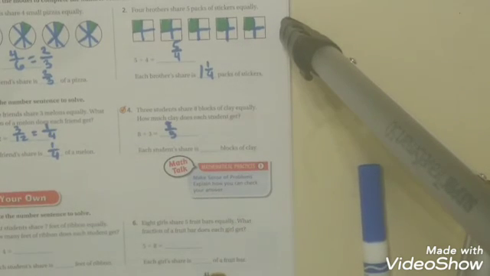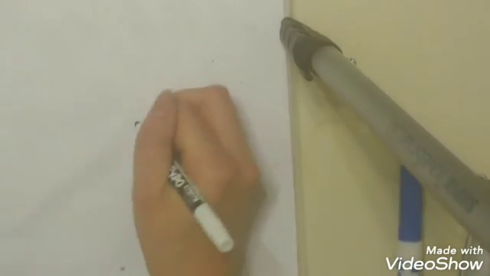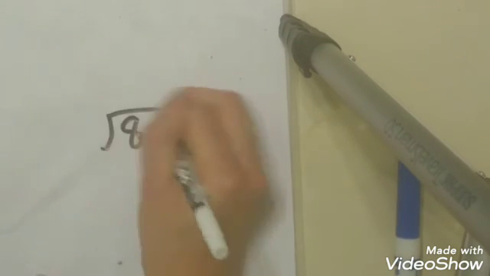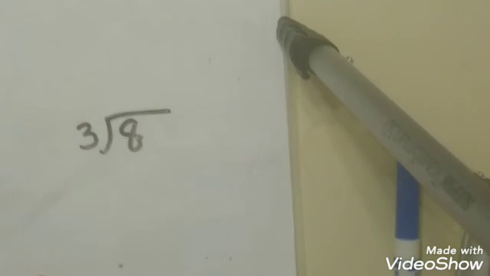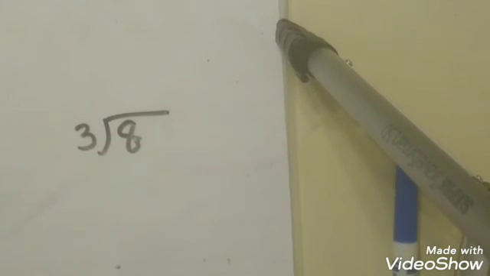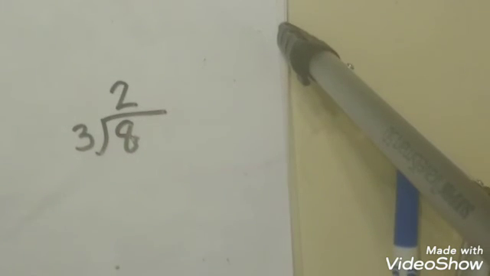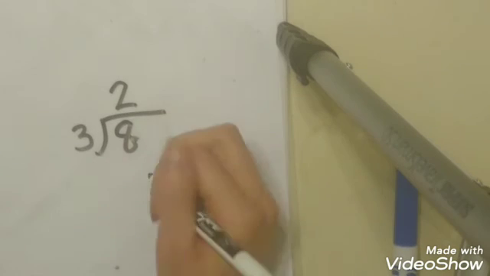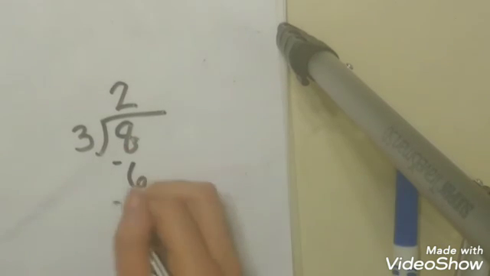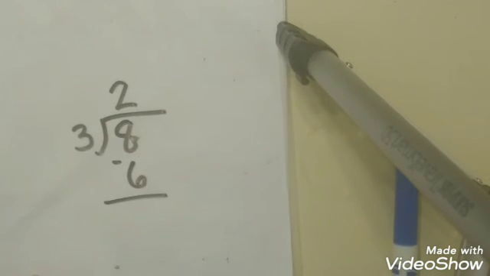And what I'm going to do is just do that problem, 8 divided by 3. So I just go through my long division steps. I know that 3 can go into 8 twice. I know that 2 times 3 is 6. I know that 8 minus 6 is 2.